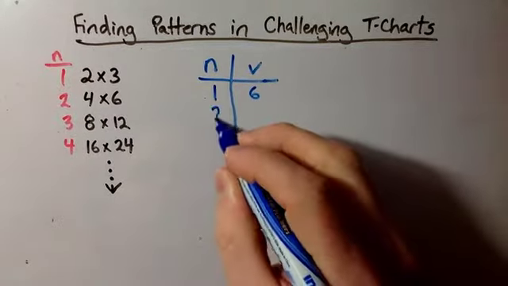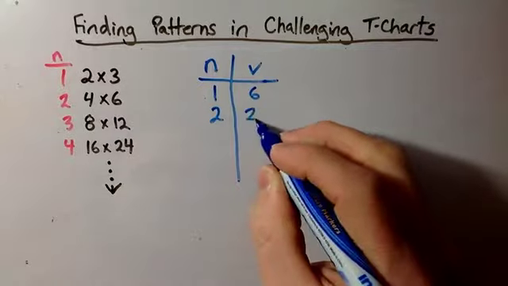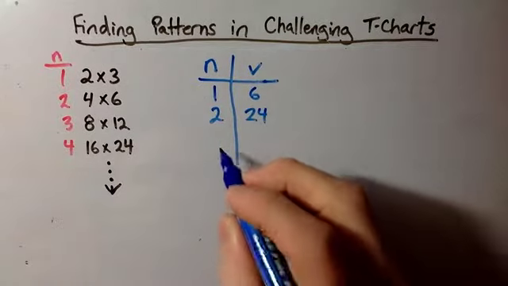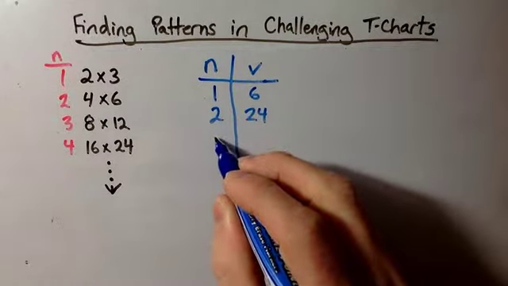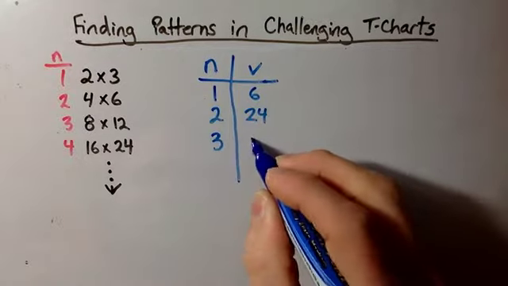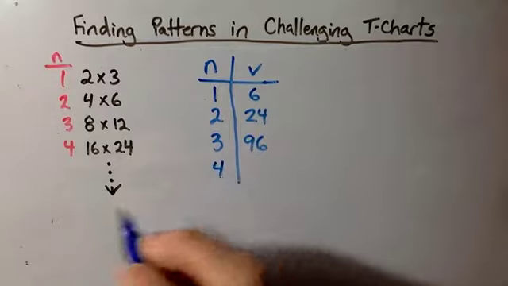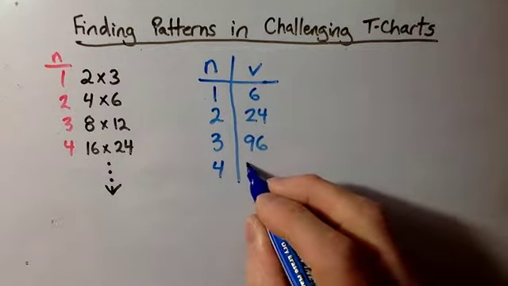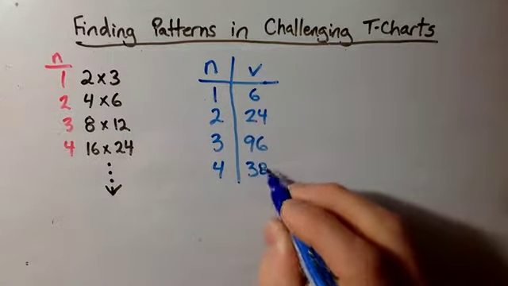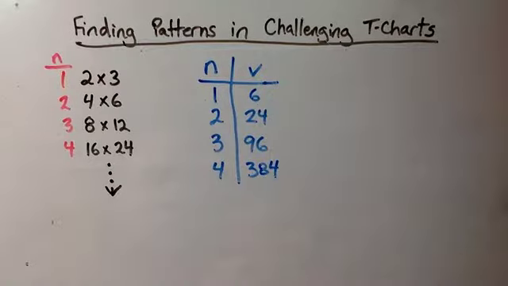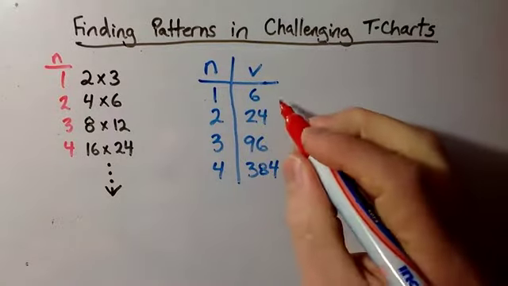Our second one is 4 times 6, which is 24. Our third one is 8 times 12, which is 96. And our fourth one is 16 times 24, which is 384.